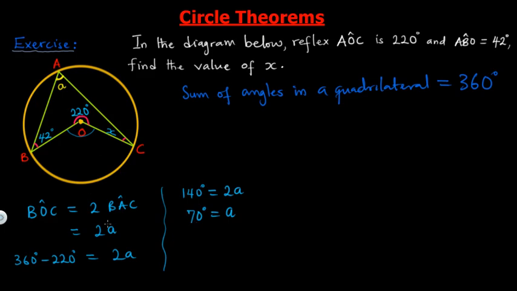Now that we know A to be 70 degrees, we can then go back to the point where we said the sum of angles in a quadrilateral equals 360 degrees.